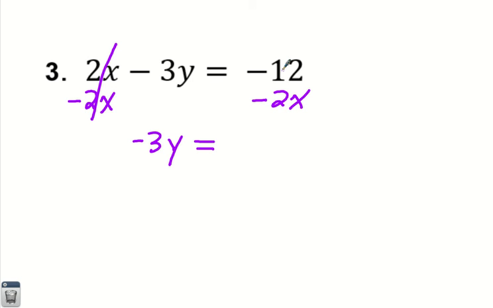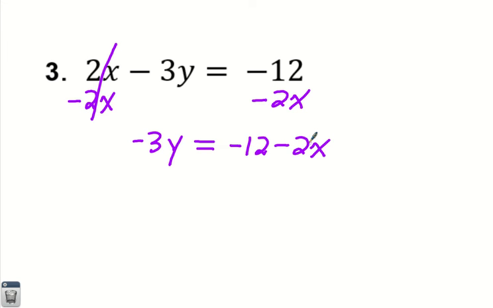Can negative 12 minus 2x combine? Are those like terms? And the answer is, of course they're not. They're not like terms. They don't mix together. So you would just leave them separate. Okay? Negative 12 minus 2x. They do not combine. That minus 2x term is just over here now.